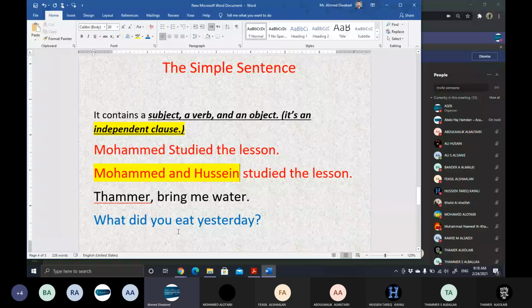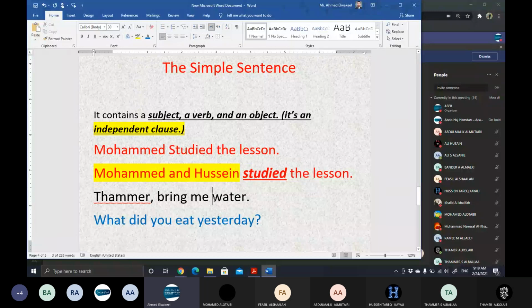So you have here 2 people, Muhammad and Hussein, and both of them are performing the same action verb. Who studied the lesson? Muhammad and Hussein. So both of them here is called a compound subject.